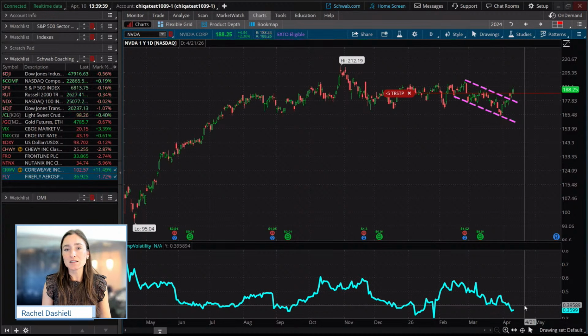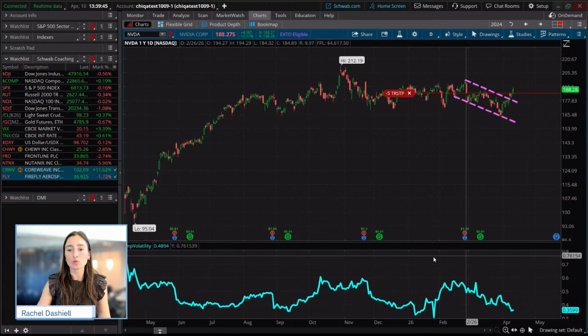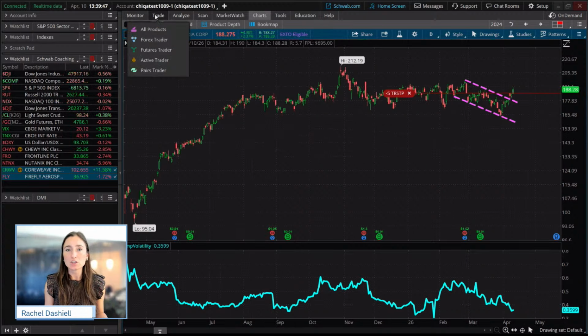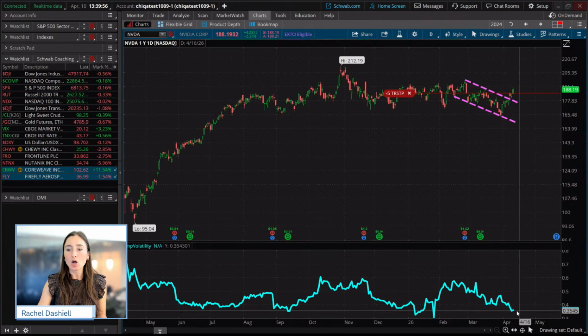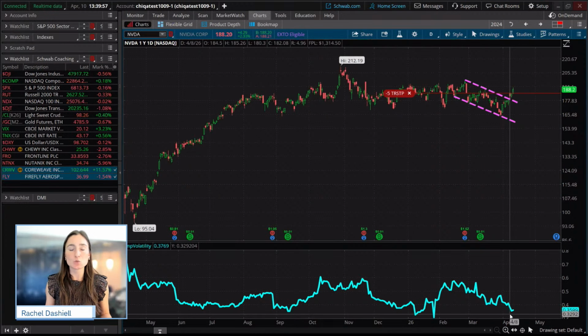So it's not necessarily the most favorable volatility regime for selling options in this case. It's more favorable for buying options because you have that factor of increases in volatility working in your favor. And we know volatility is mean reverting. So when we have these periods of lower volatility, they tend to switch to periods of higher volatility. So keep that in mind.